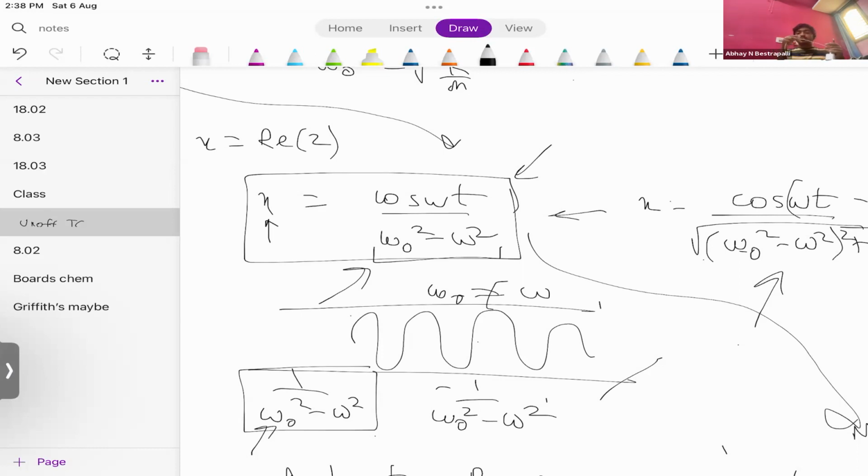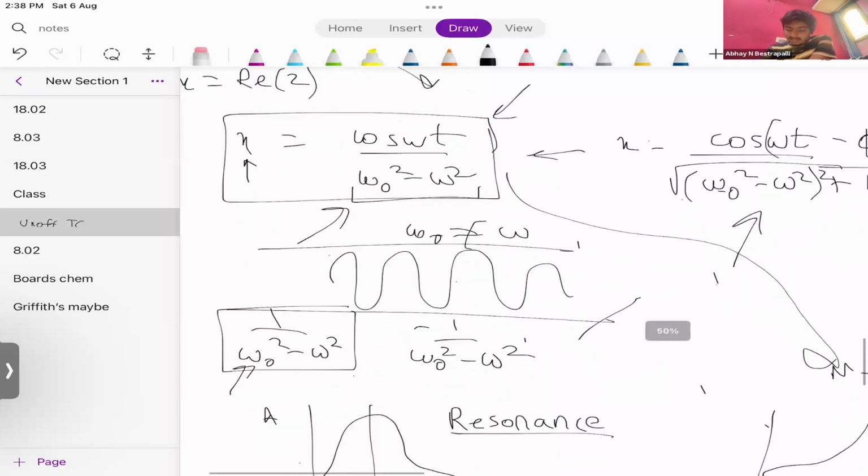So the solution always will just end up oscillating with the frequency which we are oscillating it with. It doesn't respond with a different frequency. It just responds with the same frequency.